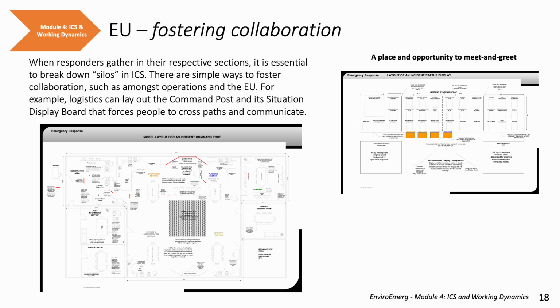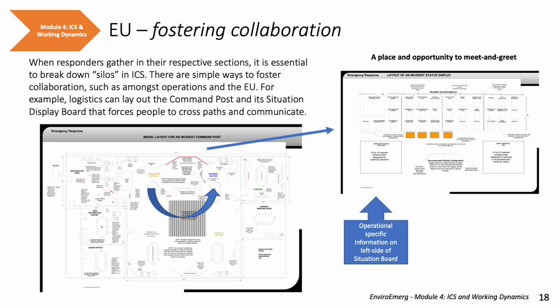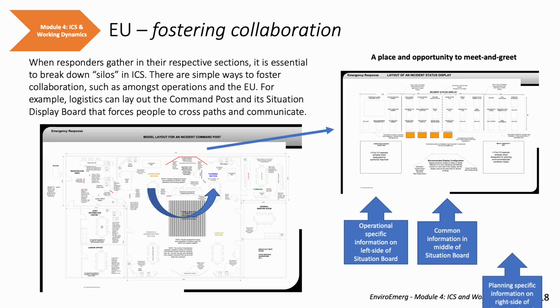To foster collaboration between operations and planning, it's important to break down silos in the ICS, where responders just gather in their respective sections. There are simple ways to foster collaboration, such as amongst operations and the EU. For example, logistics can lay out a command post and its situation board in a way that forces people to cross paths and communicate.